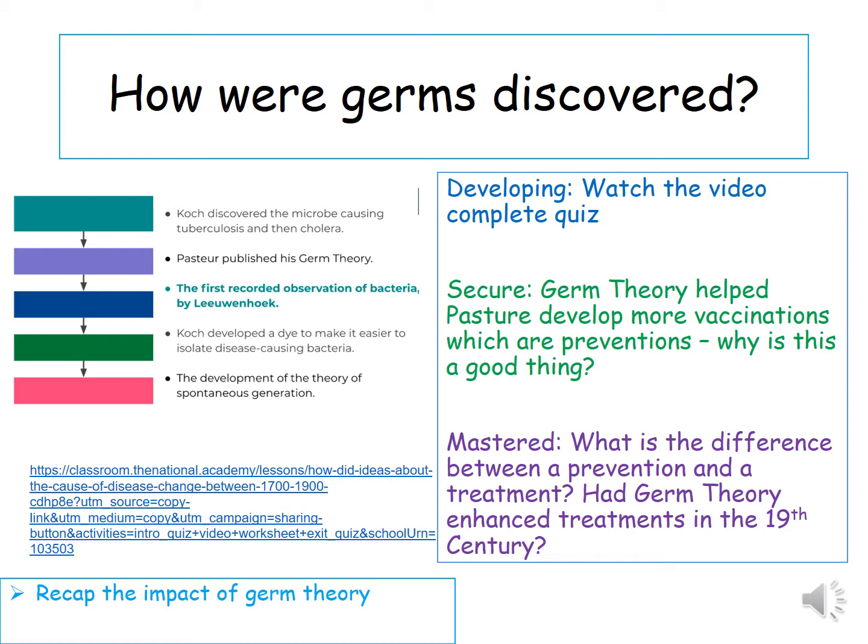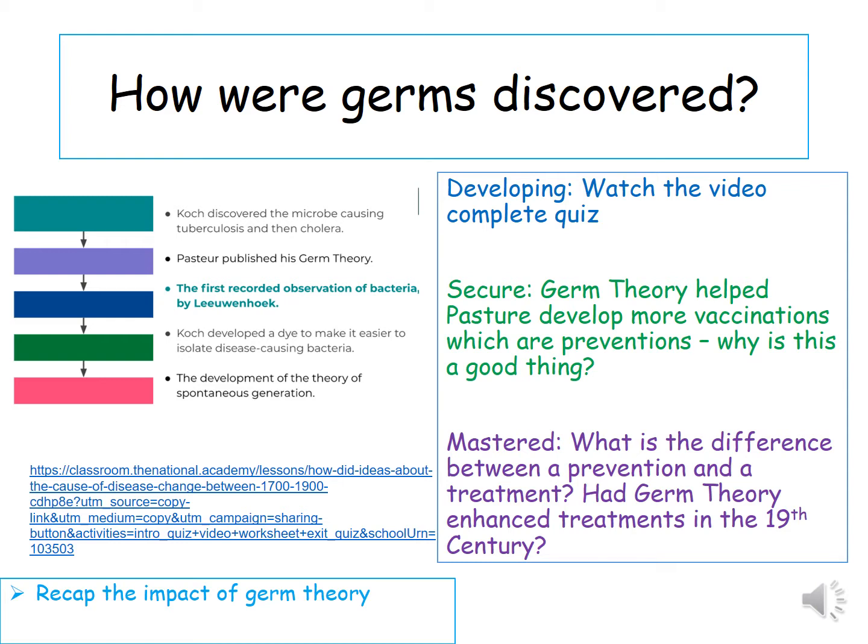Secure students, I would like you to think about how germ theory obviously helps Pasteur eventually to develop more vaccinations, which are really great because they're preventions, they're stopping people from getting sick in the first place. And I'd like you to explain why preventions are a good thing to have.